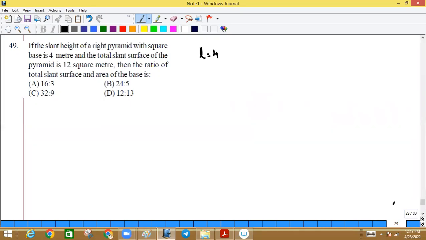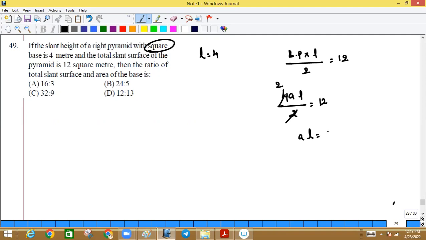Slant surface area means lateral surface area. What do you mean by lateral surface area for a pyramid? Base perimeter into slant height by 2 is equal to 12. And it is a square base. Base perimeter becomes 4a, so 4aL by 2 is equal to 12. aL is equal to 6. a is equal to 6 by 4, which is 3 by 2.